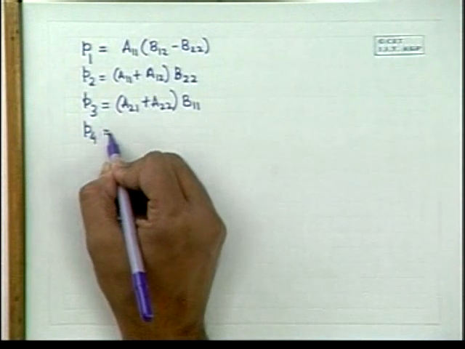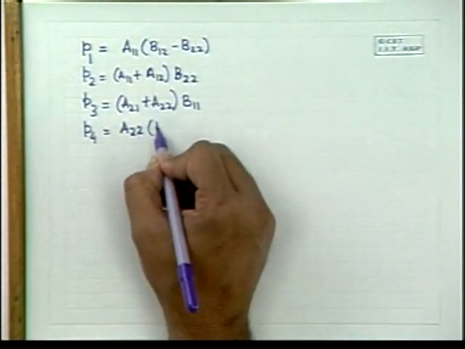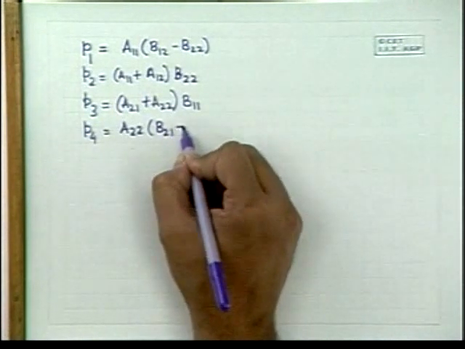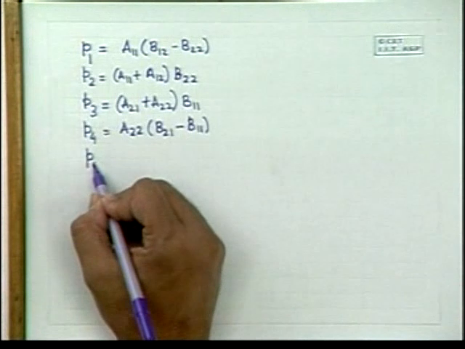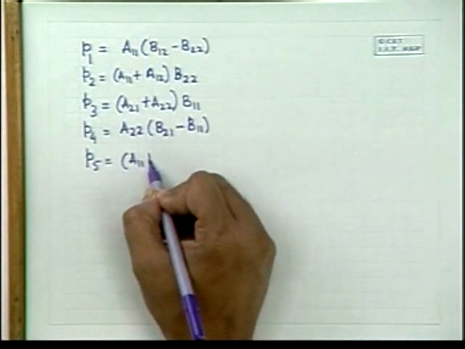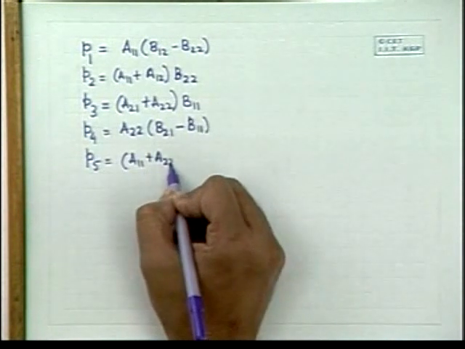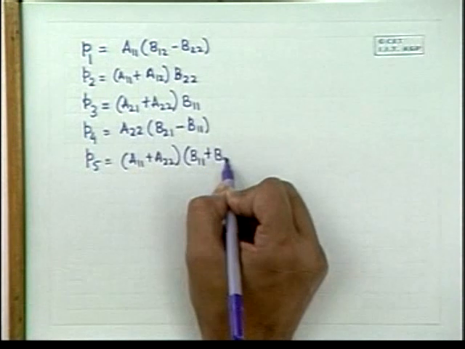P4 is A22 times B21 minus B11. P5 is A11 plus A22 times B11 plus B22.